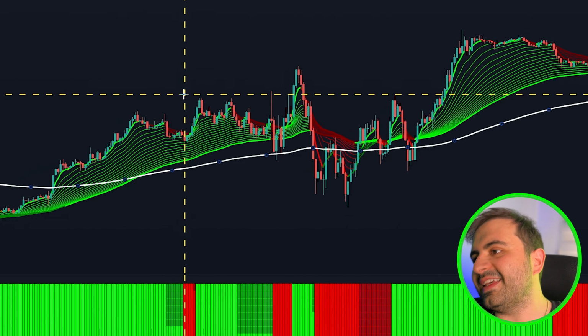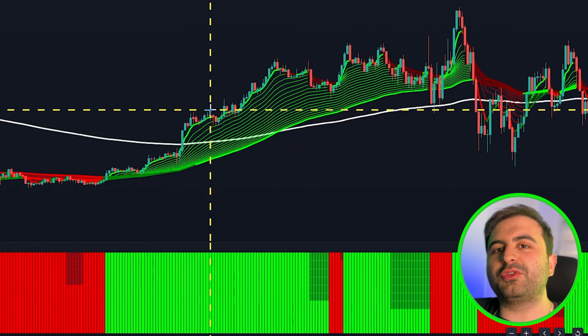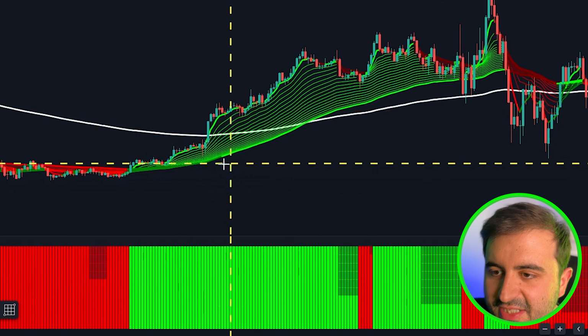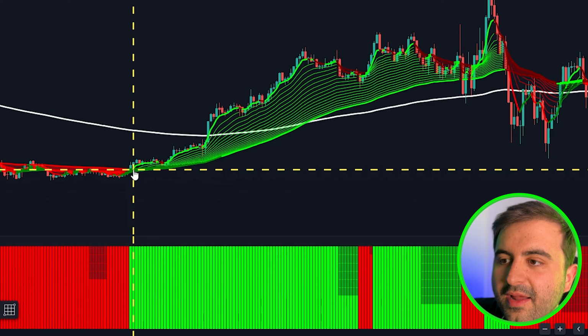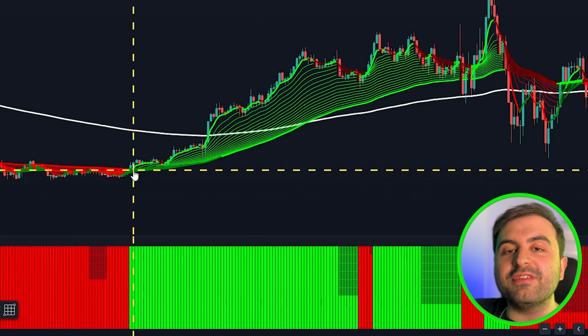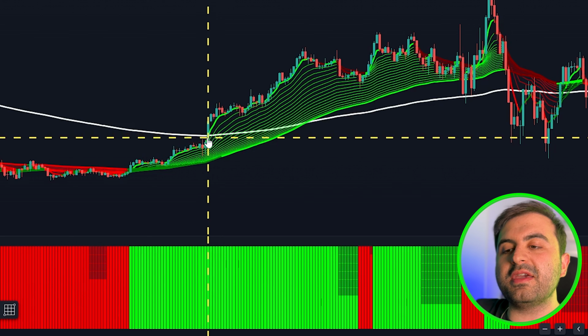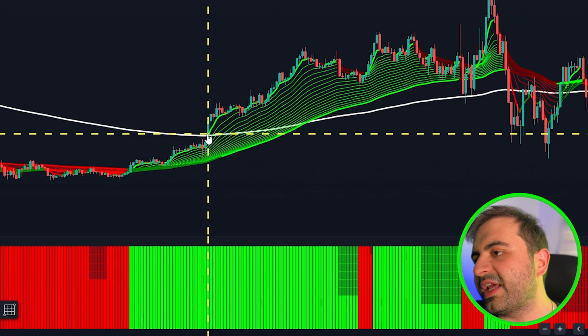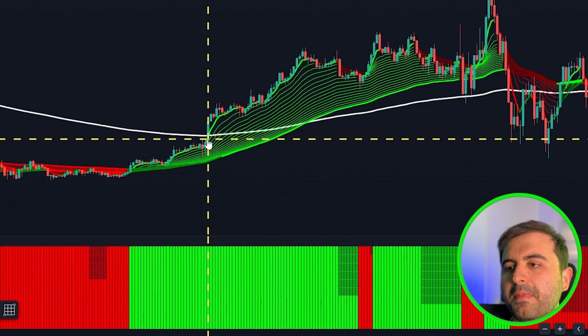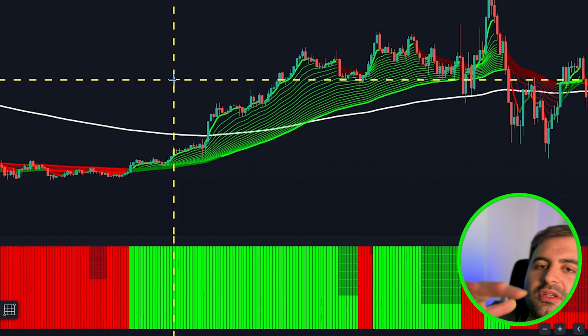Now let's see how we can use all of them together. We got a green line here, right? But what we're gonna do is wait until the price goes above the 200 EMA here. Why? Because we don't want to get caught up in a ranging market, or sometimes the market goes up, goes down, and we get confused.